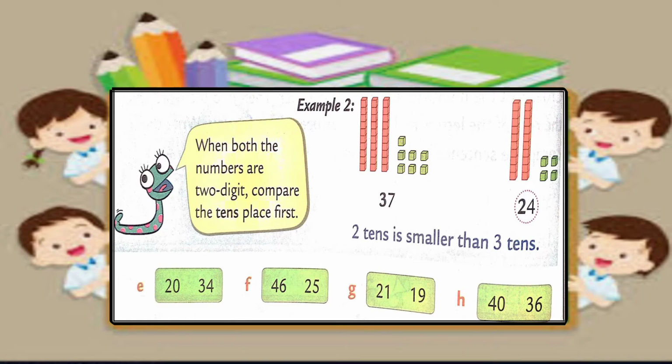Write number E. 2, 0, 20 and 3, 4, 34. 2, 0, 20 and 3, 4, 34. Now compare the tens and tell me which is the smallest number. Yes, 20 is the smaller number.